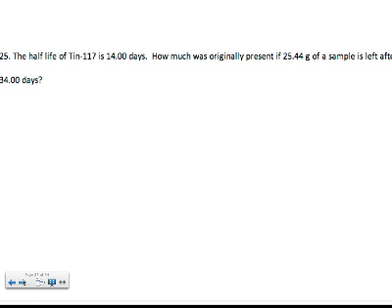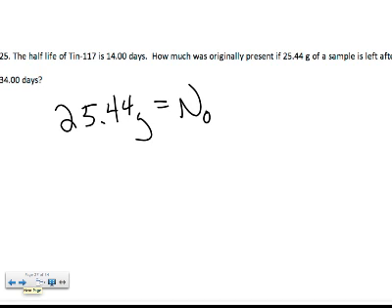The half-life of tin-117 is 14 days. How much was originally present of a sample if 25.44 grams of a sample is left after 34 days? Okay, so this time we've got the remaining amount, 25.44, and we're trying to solve for N0, so that's times 1/2 to the power of 34 days elapsed, and the half-life is 14 days.